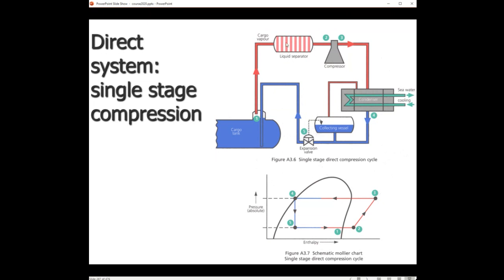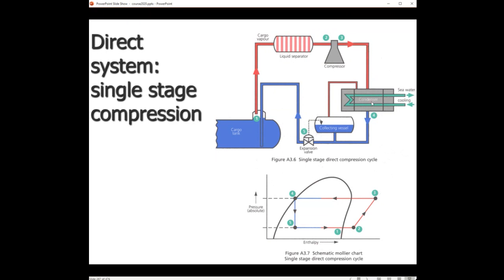So you can best see it as a filter that stops every droplet of liquid and waits till it evaporates, and then it can go to the compressor as vapor. When you send liquid to the compressor, you know that liquid is incompressible, so that would damage the compressor completely.